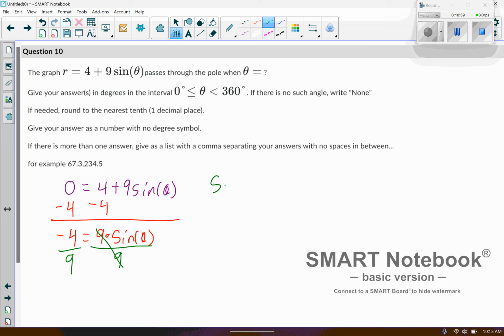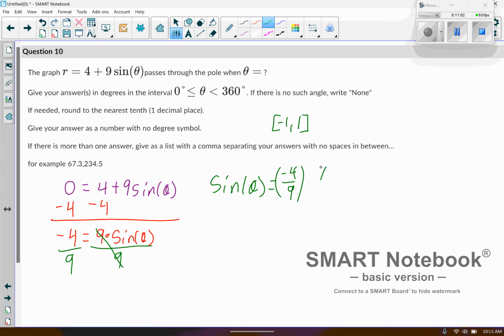That cancels out. So we're going to end up with sine of theta equals -4 over 9. And sine's the same way as cosine. It has to be somewhere between -1 and +1. And this ratio, -4 over 9, is somewhere between -1 and +1. So there should be an answer for this. And actually, we'll have two answers.